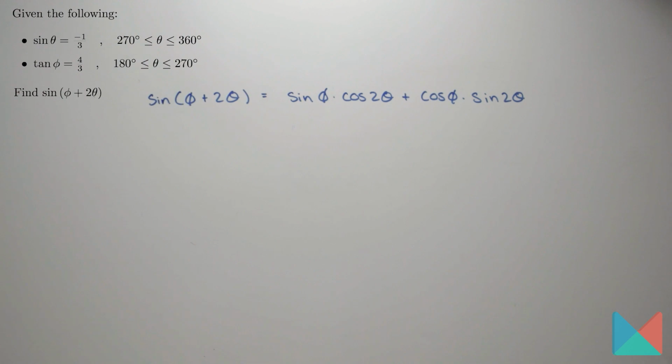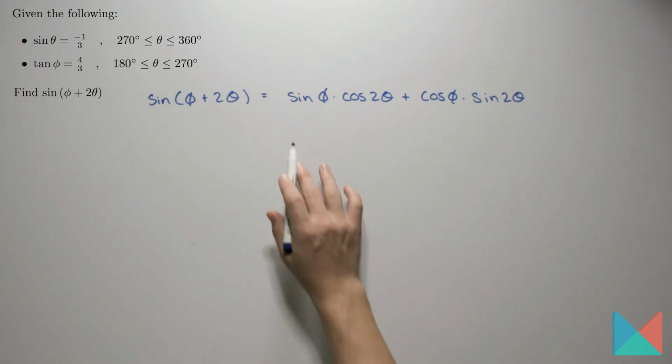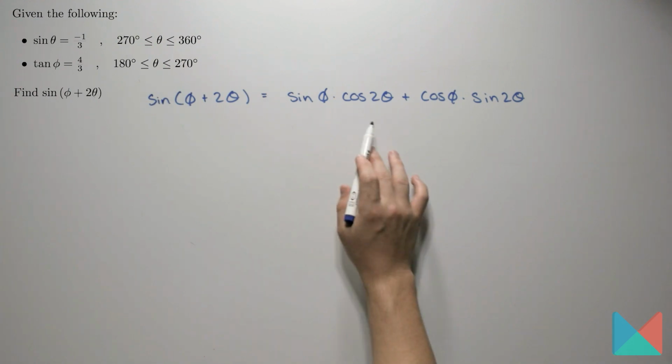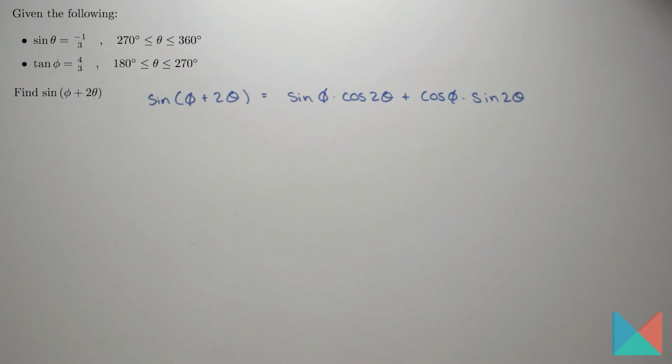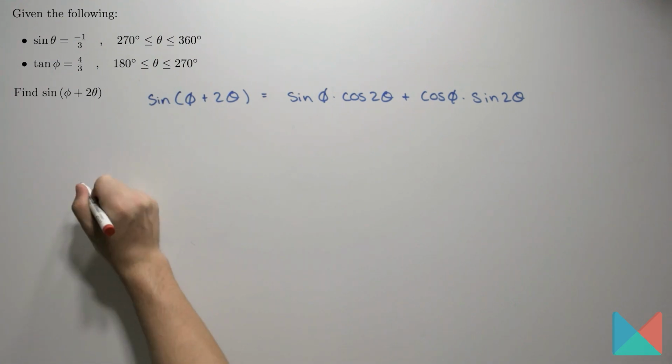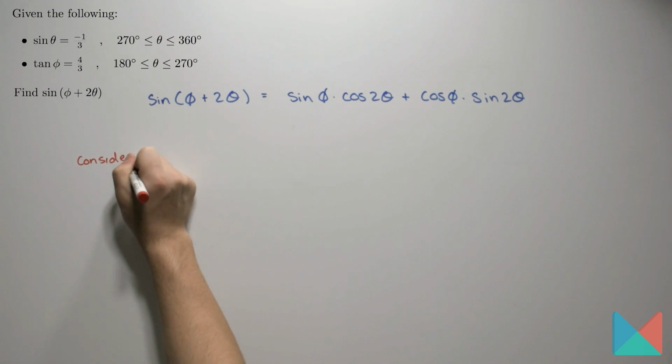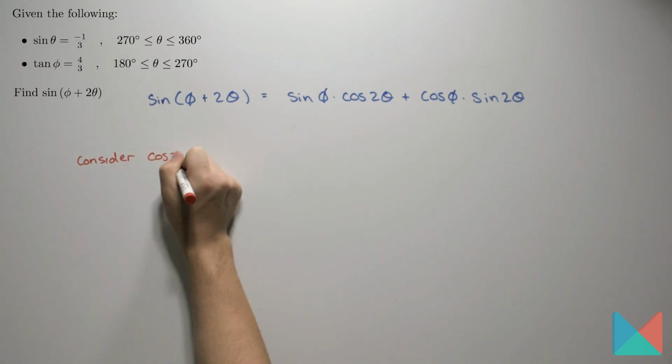You can probably notice that there's nothing that we can immediately sub in from our question to the right hand side here. So we're going to have to tackle each section one by one. So let's start with our cos of 2 theta. So let's consider cos of 2 theta.